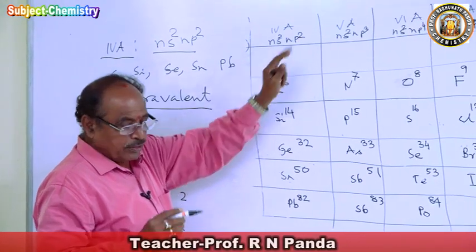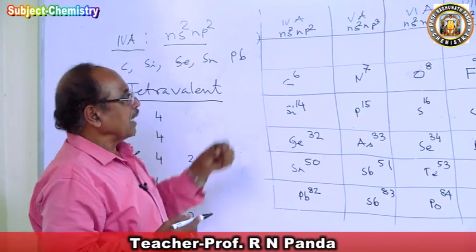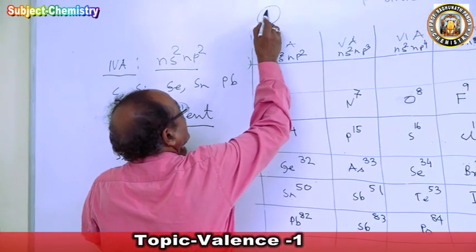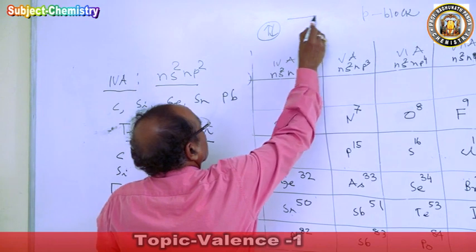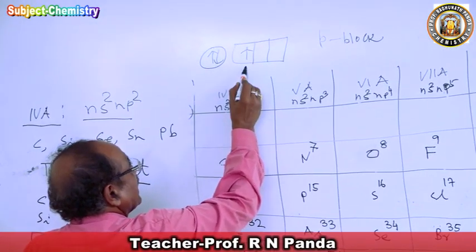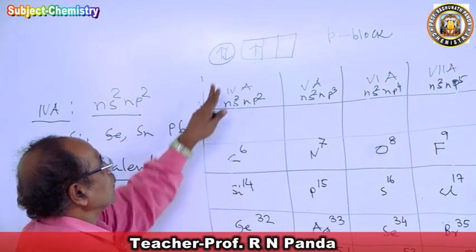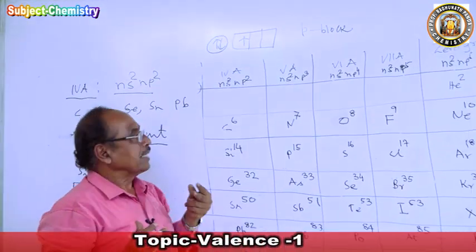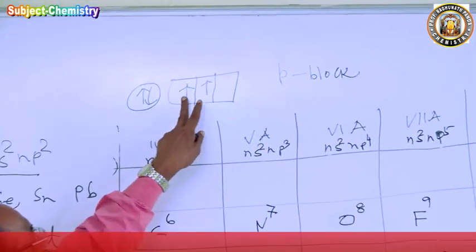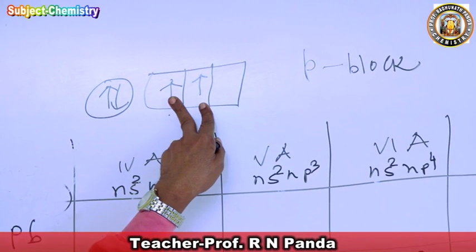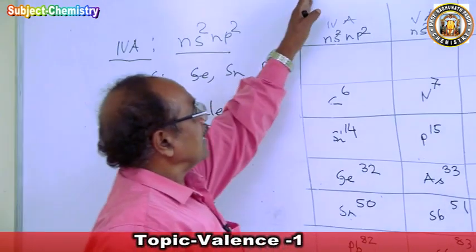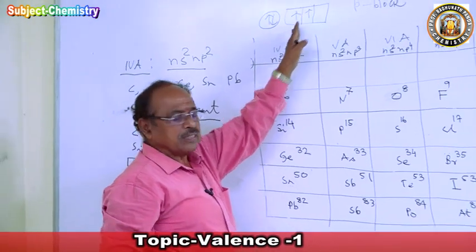When you read about the s orbital and p orbital, the s orbital has capacity 2 and the p orbital has capacity 6. In the p orbital they have 2 electrons, and in the s orbital they have 2 electrons. So this pair is called the inert pair. When only the p electrons take part in chemical combination, they will exhibit valency 2. When all 4 electrons take part in chemical combination, it will be 4.